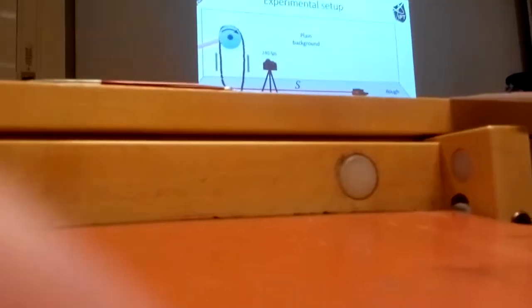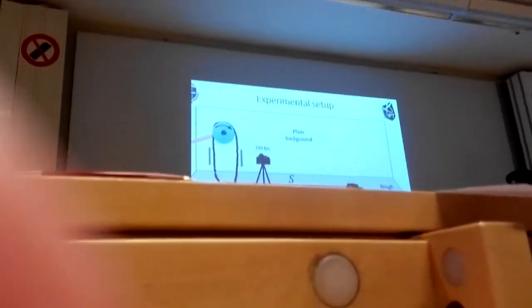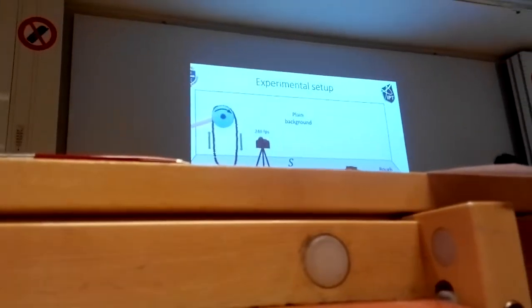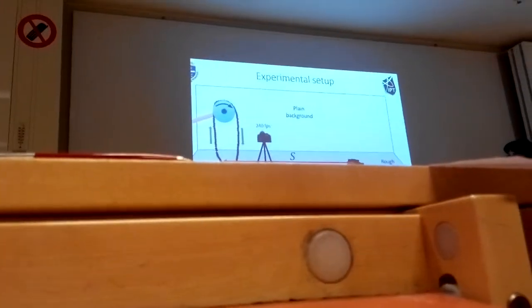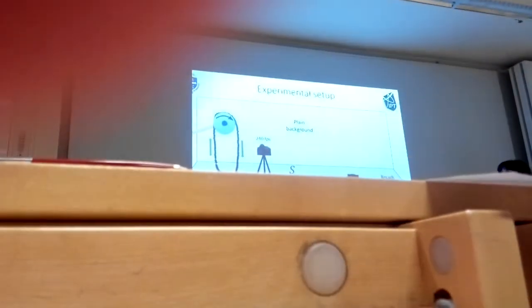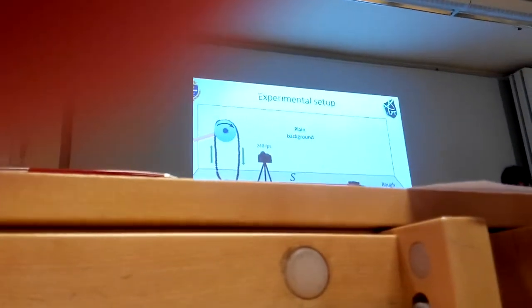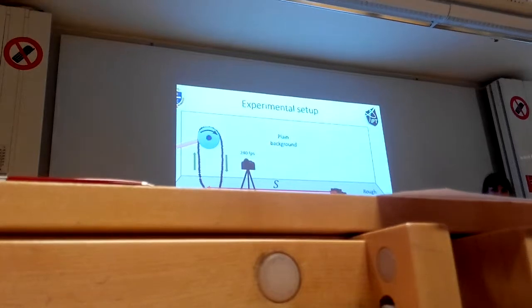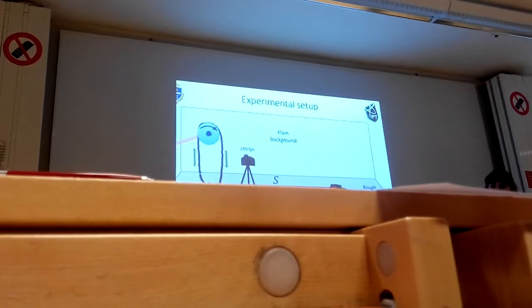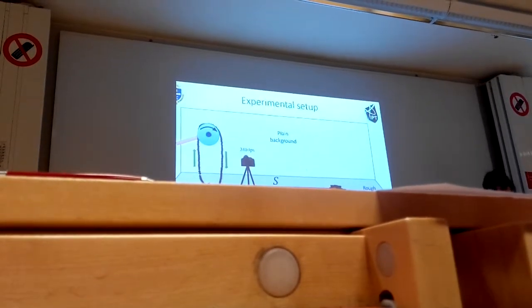Okay, let's pass on to the methodology of the experiment. We rotate the chain on the wheel and throw it on the surface. We record the chain motion with a slow motion camera and investigate it by the video.